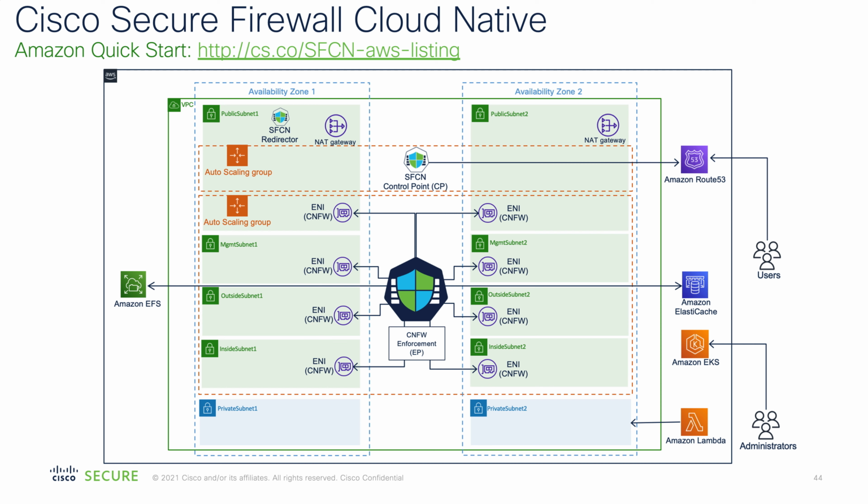And this is our quick start architecture. We'll start with the right hand side. We have Route 53 responsible for RAVPN. Then we have Elastic Cache for data externalization. We have Amazon EKS for management of this entire Kubernetes cluster. And then we have Lambda functions for different operations like instantiating device, adding the device into Route 53, adding routes, those kinds of things.